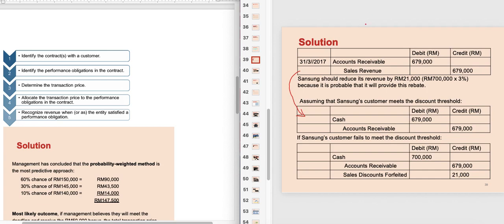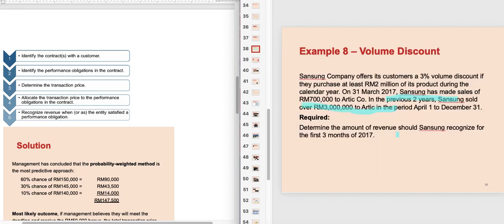But this is one possibility to happen. Or, let's say when you sell the product, you deliver the goods and you have recognized the sales revenue as 679,000, but the customer actually fails. You are not able to sell.